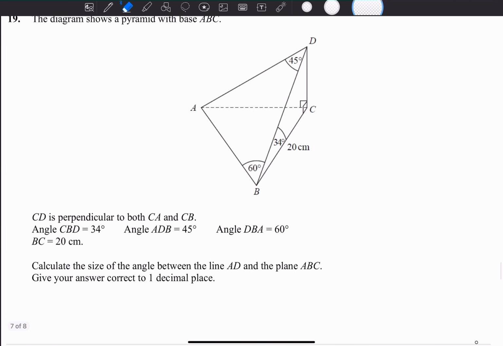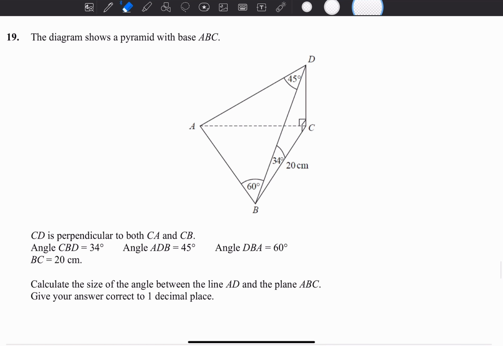Next one. Calculate the angle between AD and the plane ABC. First of all, you know what AD and ABC are, so you need to know this angle. There you go. Now, I can actually work out DC because if you look at it, that's B, D, C. CB is 20.